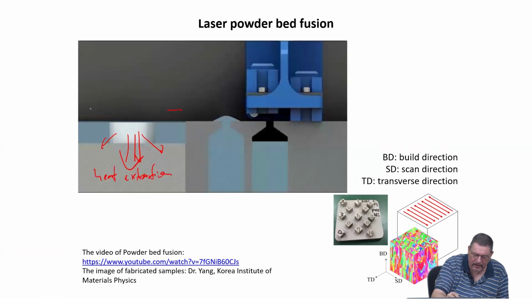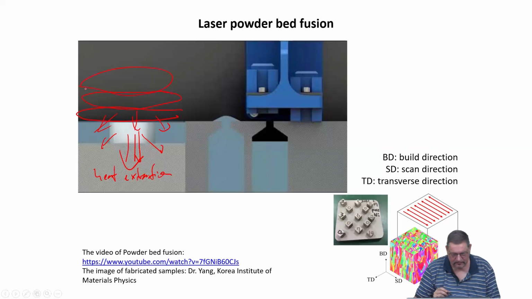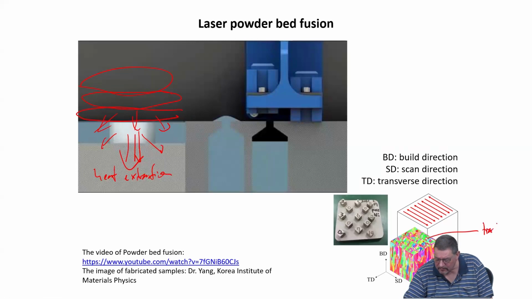And the next layer will again deposit heat, and the next layer, and the next layer. So it means you will always see the tracks of your deposition melting.